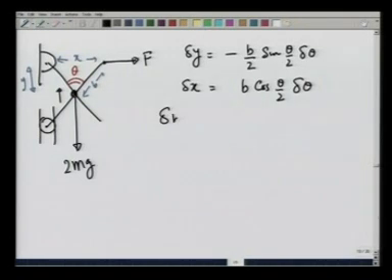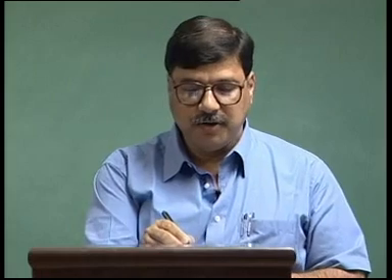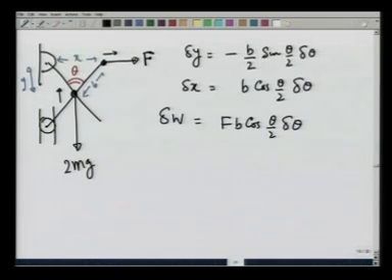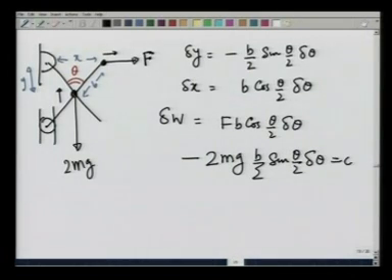So, delta W is going to be equal to the virtual work done by force F. Since x has increased by b cosine theta by 2 delta theta, work done by F is going to be F b cosine of theta by 2 delta theta, positive, because the point here has moved in the same direction as the force, and the work done by the force mg, or the weight, is going to be minus 2 mg b over 2 sine of theta by 2 delta theta, and this should be 0.